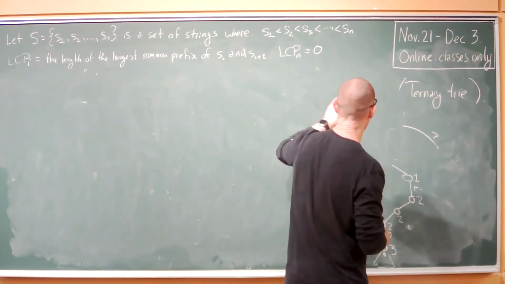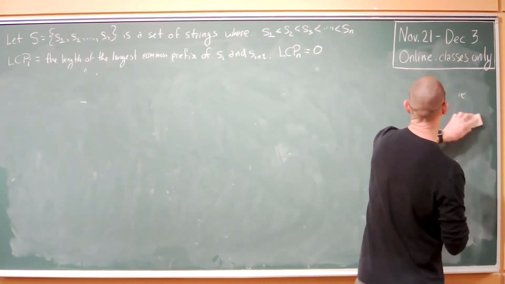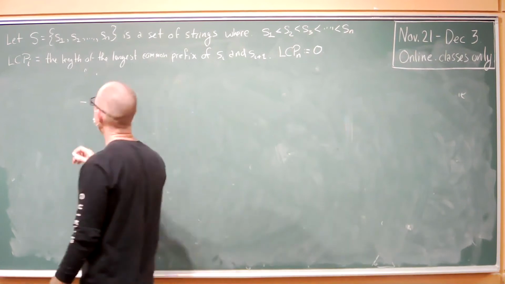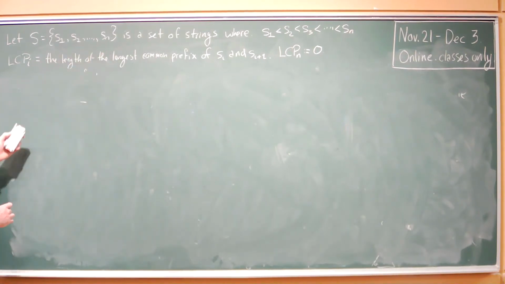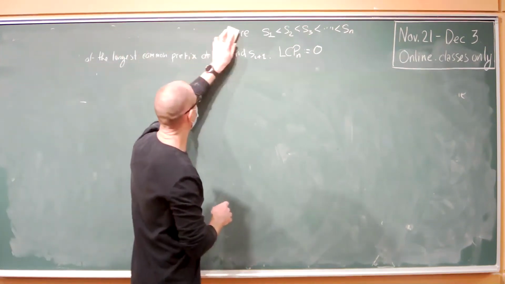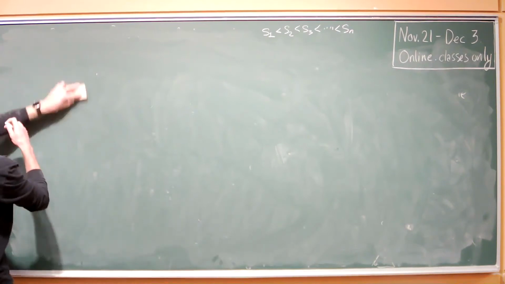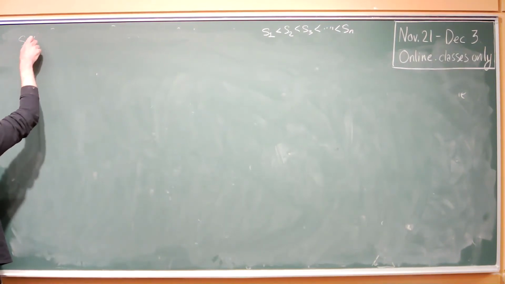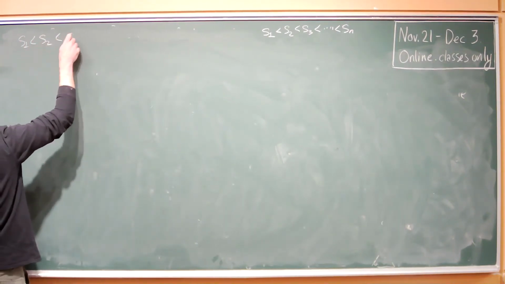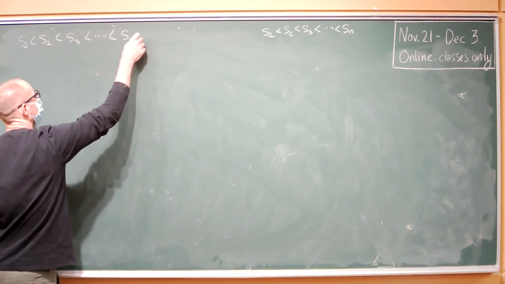Well, the suffix array was a sorted set of strings, but it wasn't just any set of strings. They were S1 less than S2, S3 less than Sn.